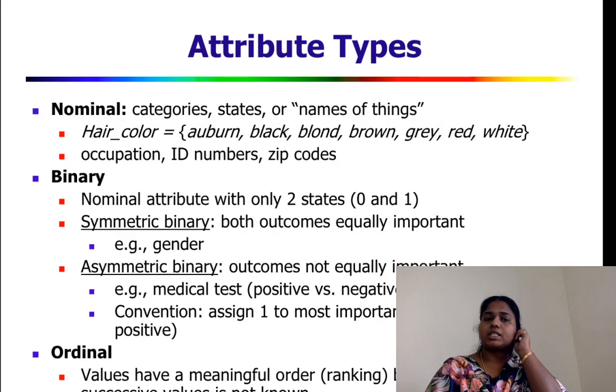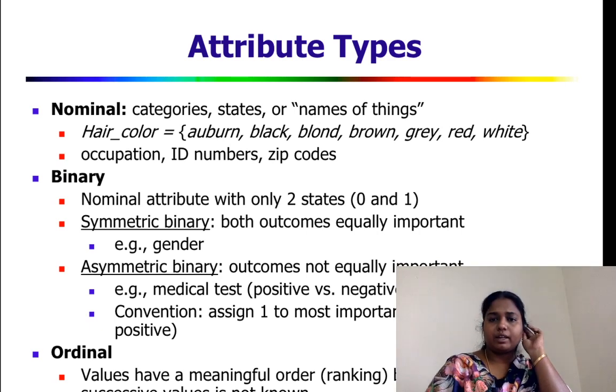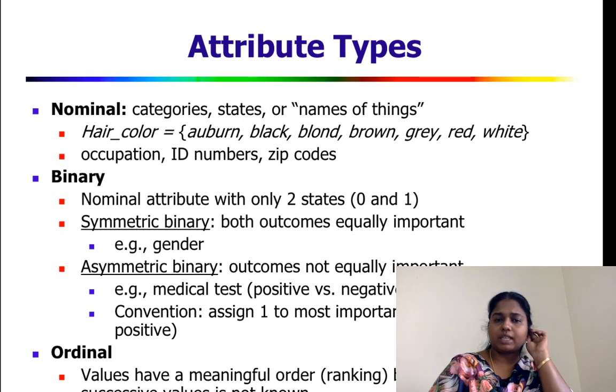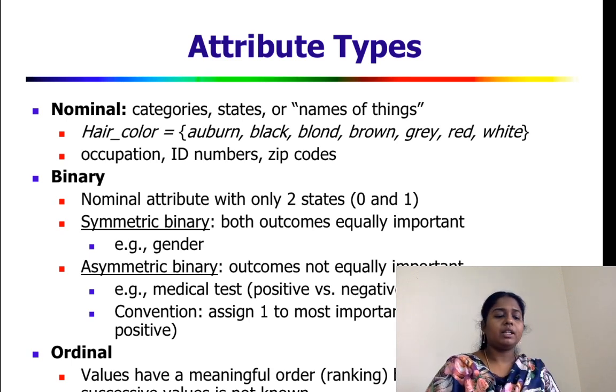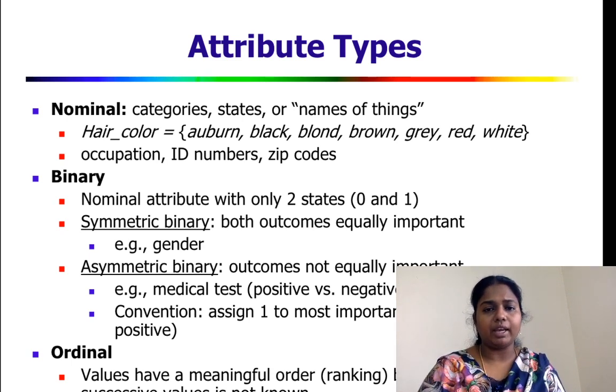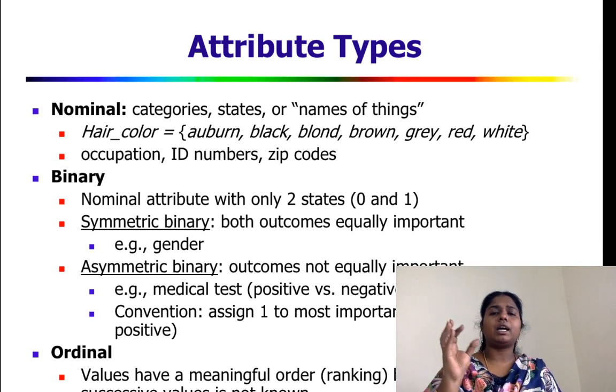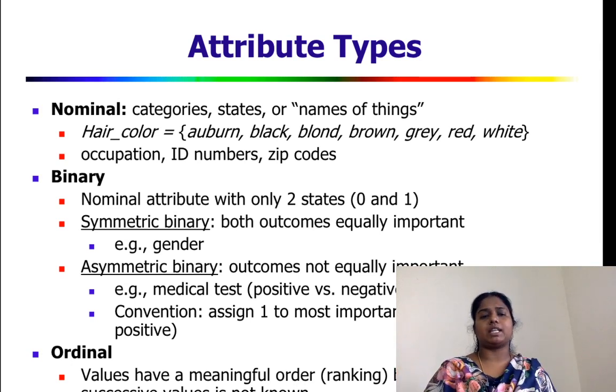The first one is a nominal attribute. The nominal attribute is where you have a set of values. It can be a set of strings or it can be a set of numbers, but the value the attribute takes is constrained to a given set.